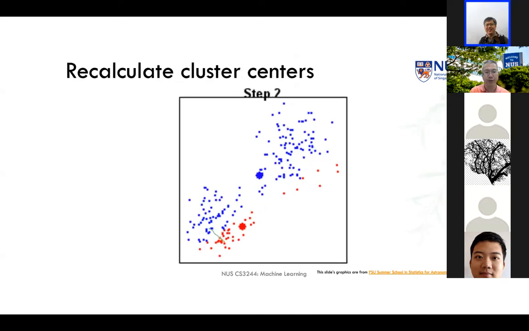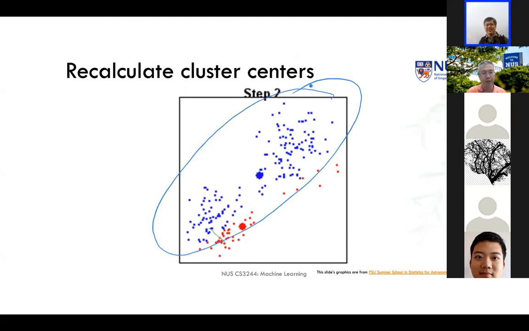Once we have that, we reuse those temporary memberships to recalculate the cluster centers. I look at all of the data points that are blue.